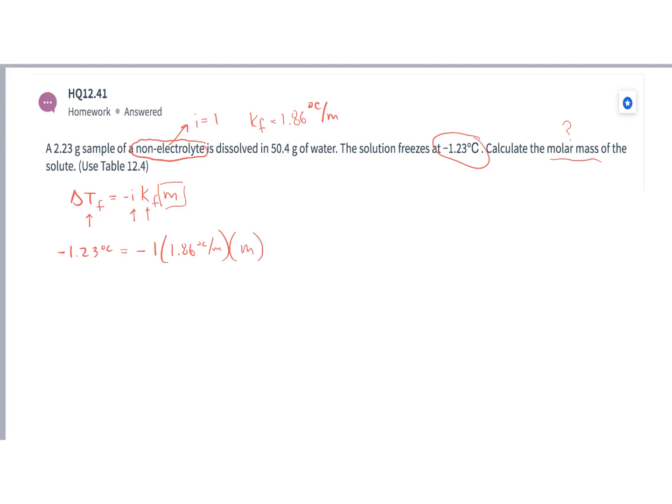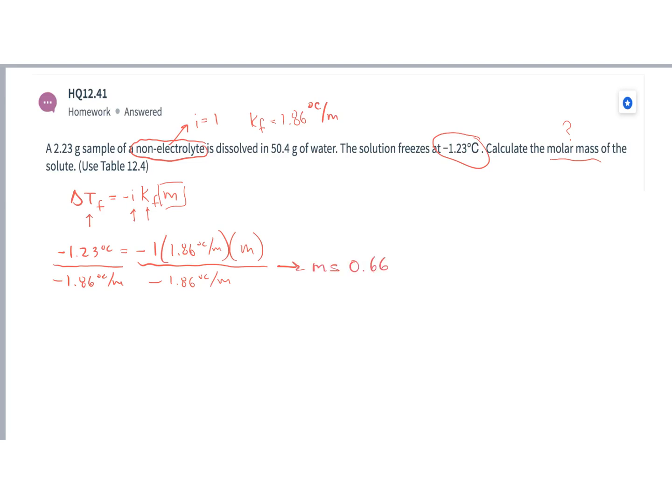So that's my first unknown, the molality of this solution. I'll divide across by negative 1.86 degrees Celsius per mol, and I find the molality of this solution to be 0.66.